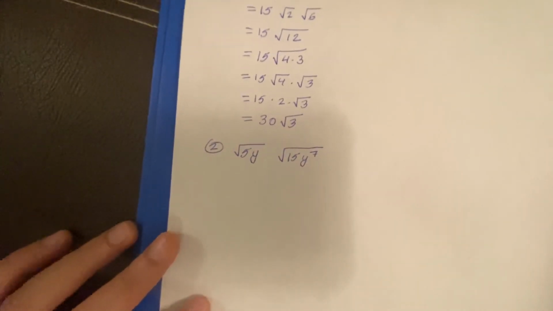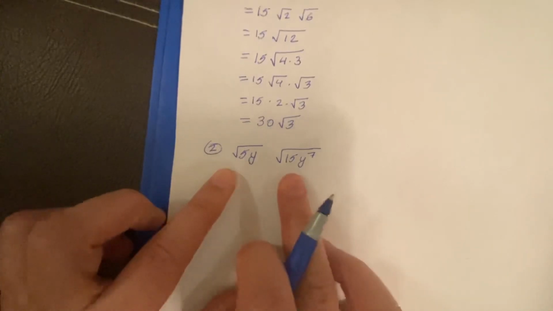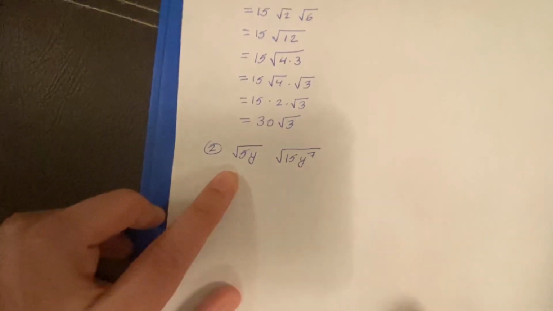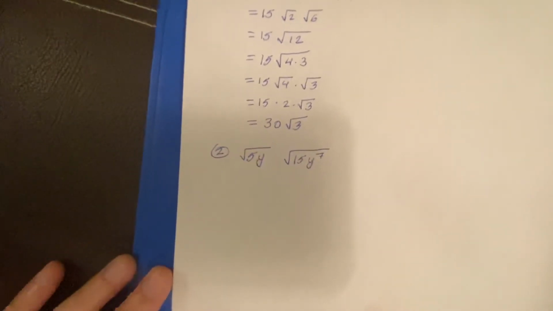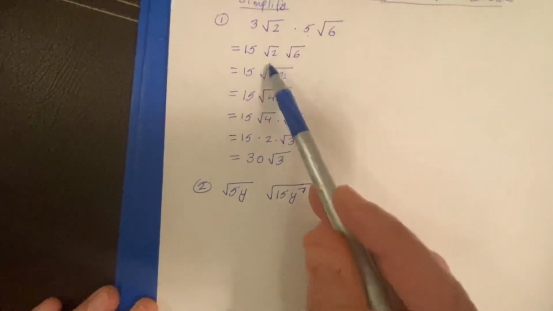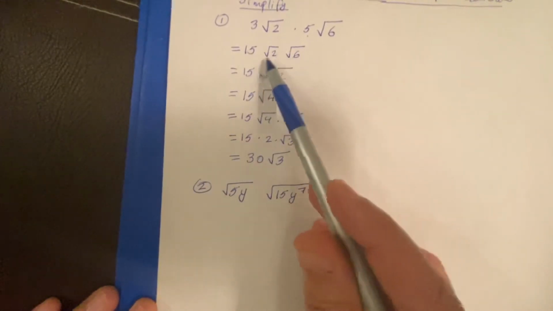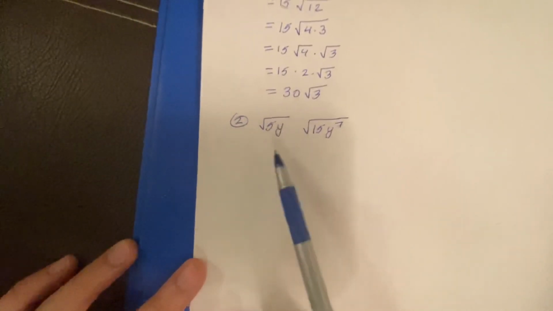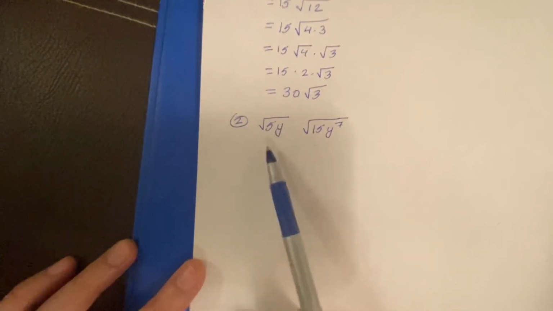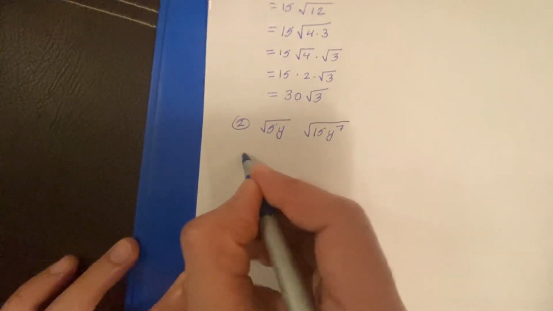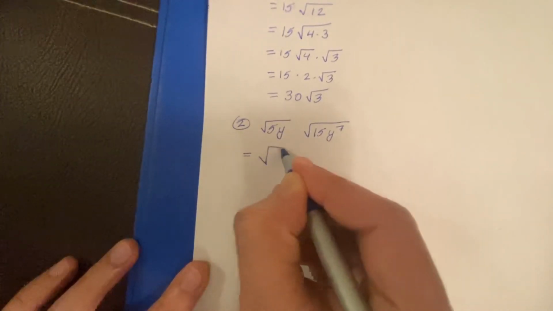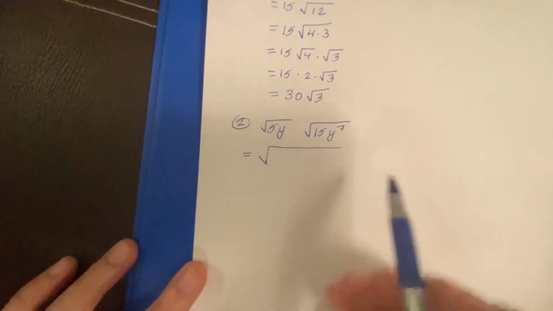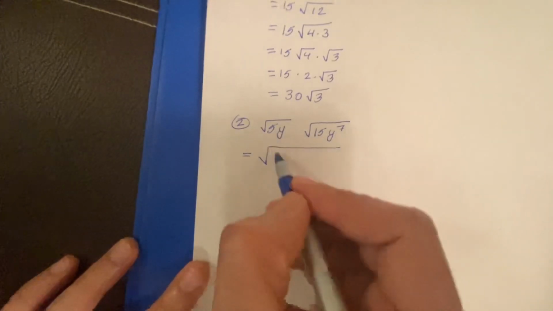Now we have two square roots. Just like I did here, when we have the same root, I combine these into a single root. So again, we have the same root, so we can combine these into a single root and just multiply now.